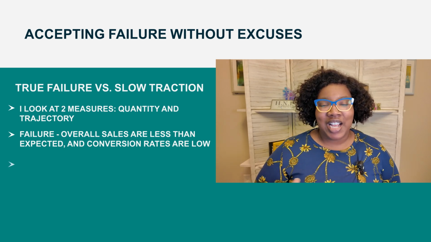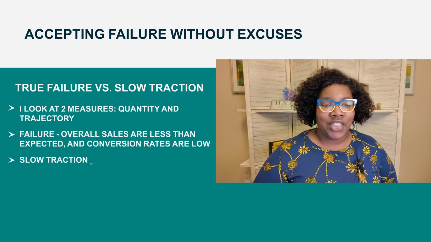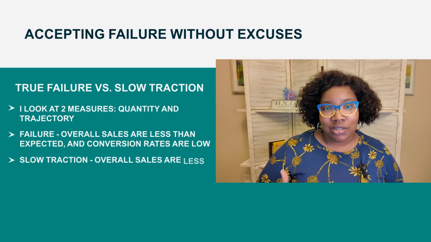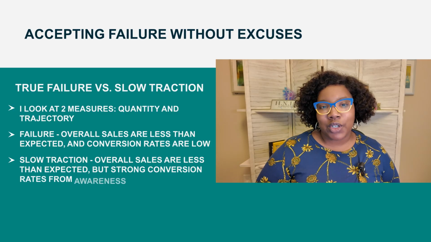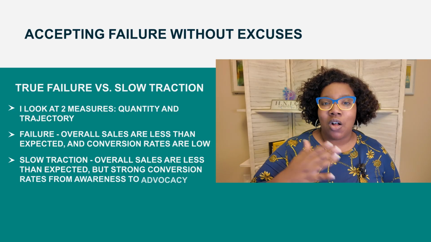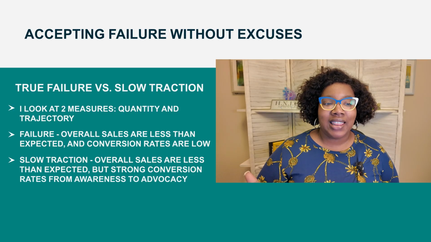That is a failure. But slow traction, on the other hand, shows slow sales, okay? Maybe they're lower than you expected, but strong conversion rates from awareness all the way through advocacy. That is slow traction.